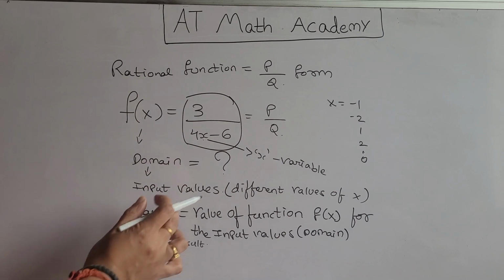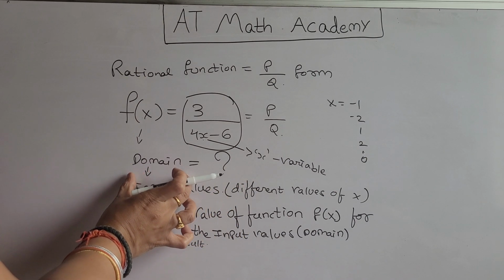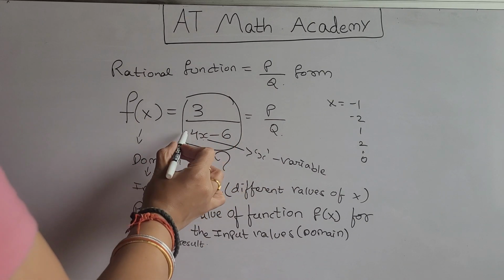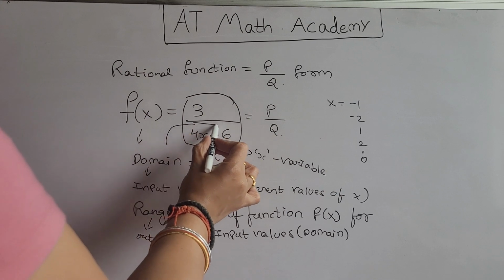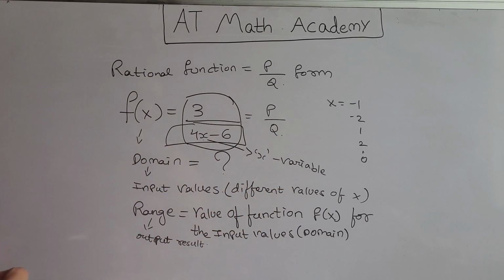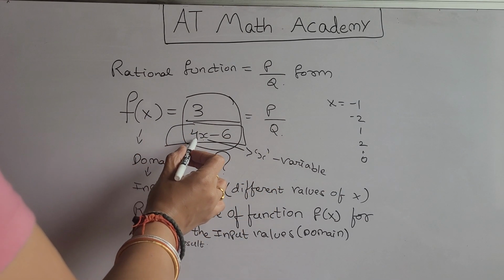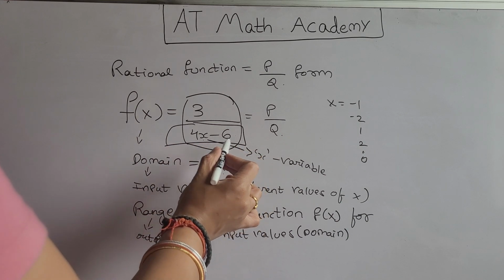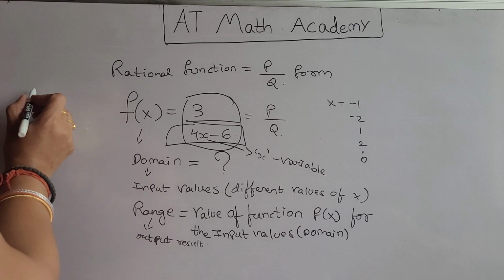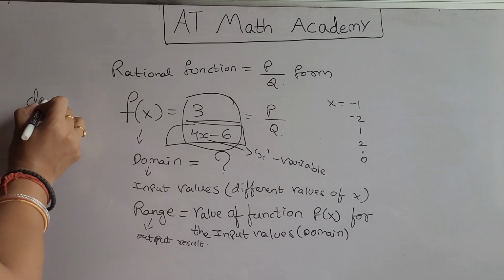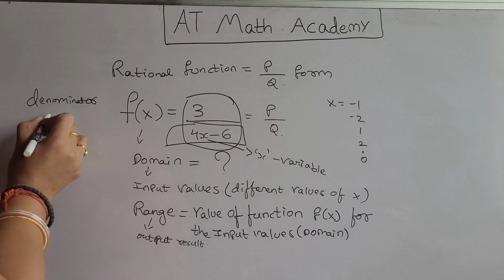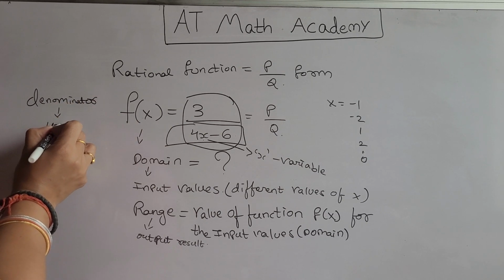So I should be finding out the domain value. So we should be looking for the value of x for which the function becomes undefined. For that, if we equate the denominator to 0, then the denominator here is 4x minus 6.